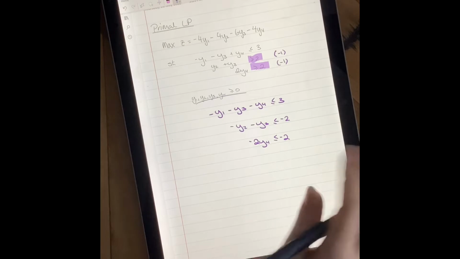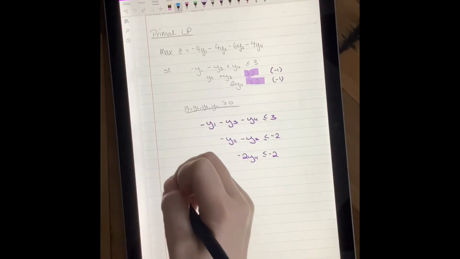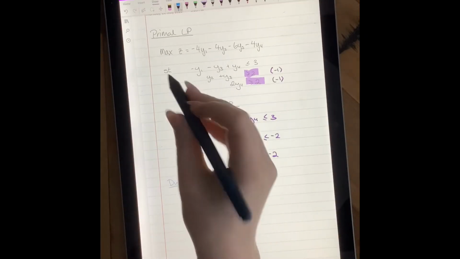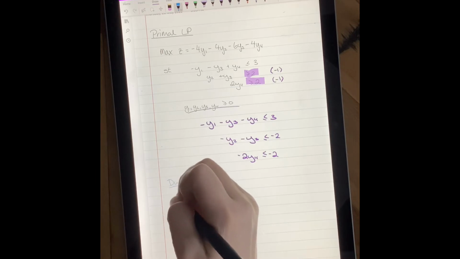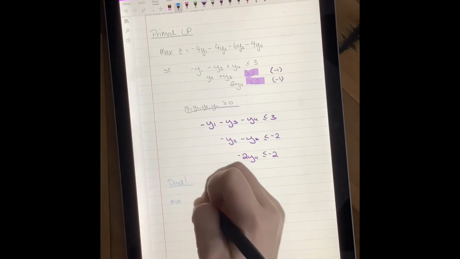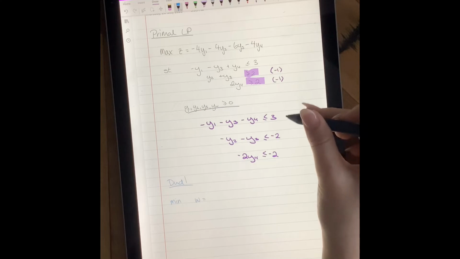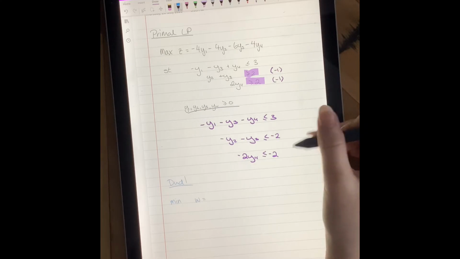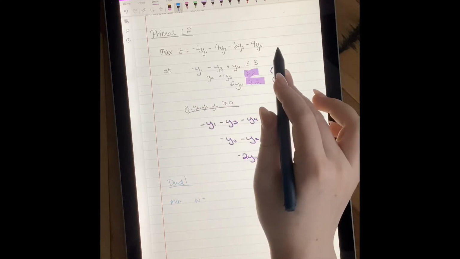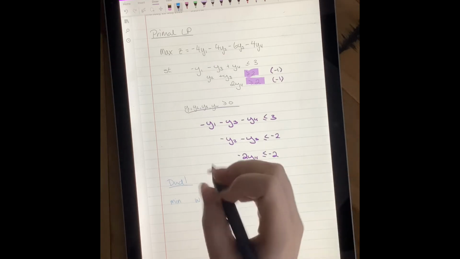Now, to make a dual problem, a maximization problem becomes a minimization problem, and the right-hand side of the constraints becomes the coefficients of the variables.